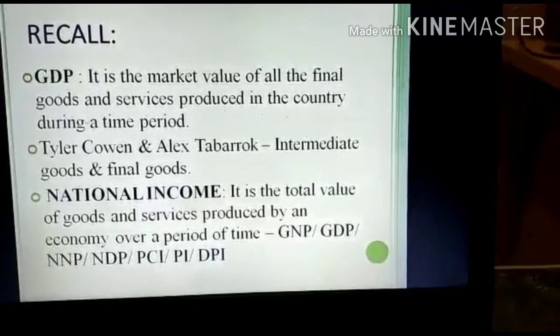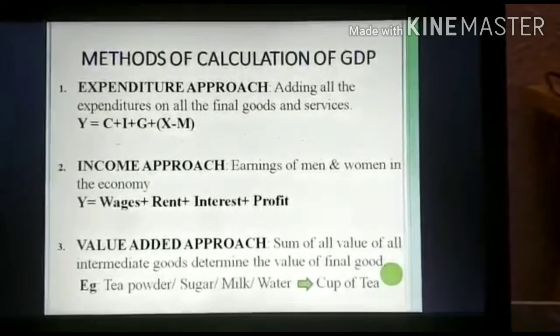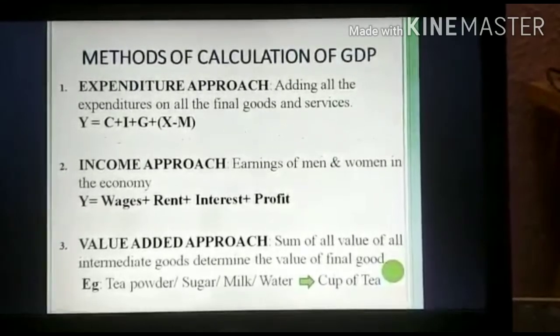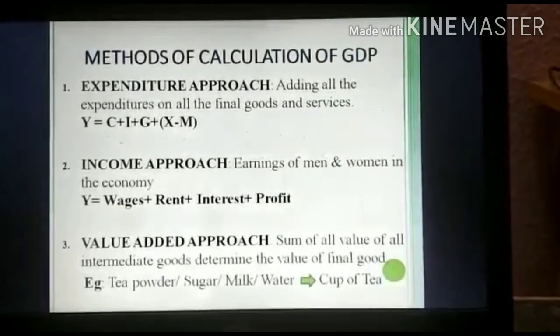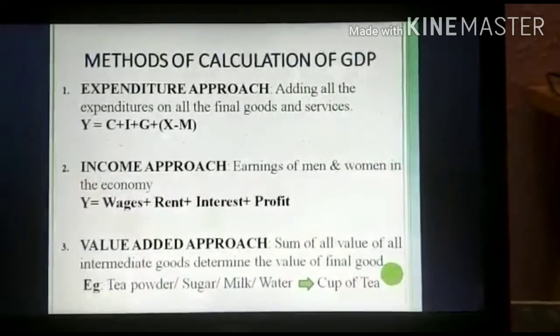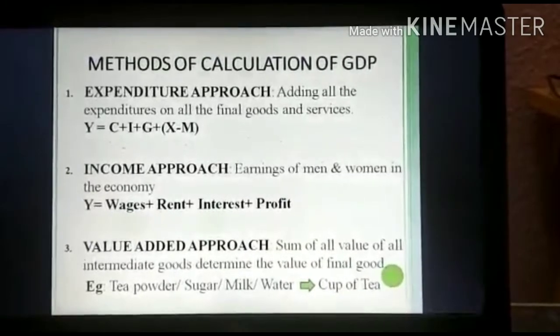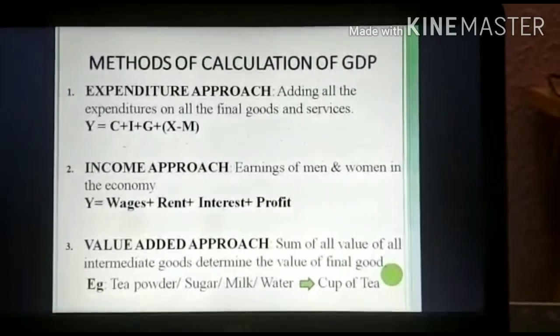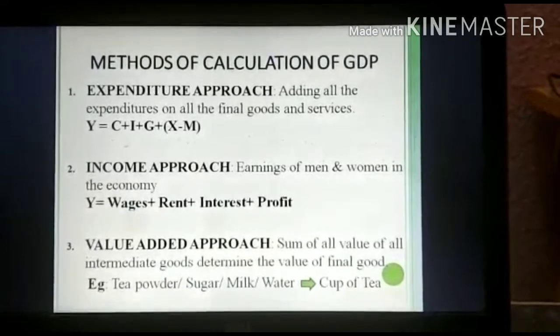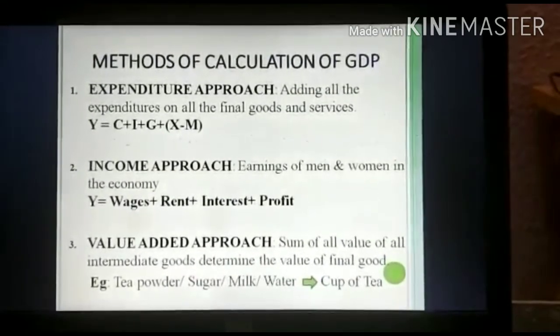Then the next concept is methods of calculation of GDP, that is the way in which we will calculate the GDP of the economy. Totally we are using 3 approaches. The first one is the expenditure approach. Under that we add all the expenditure incurred on making final goods and services in the economy.